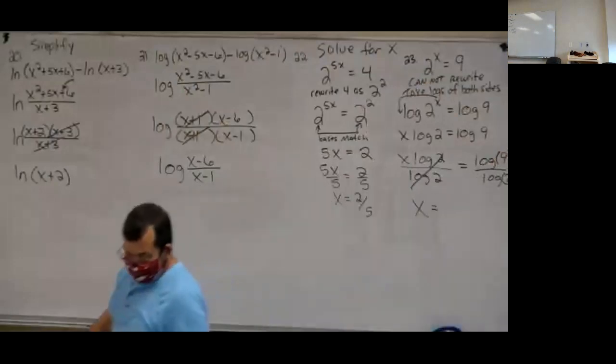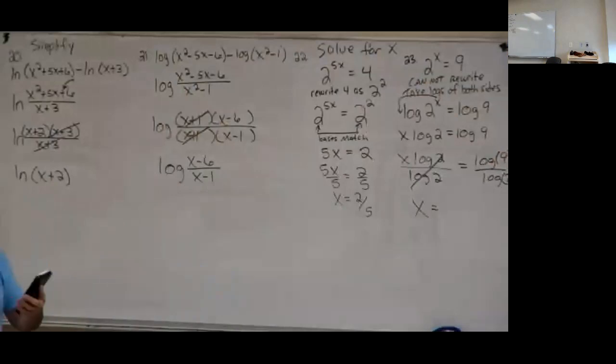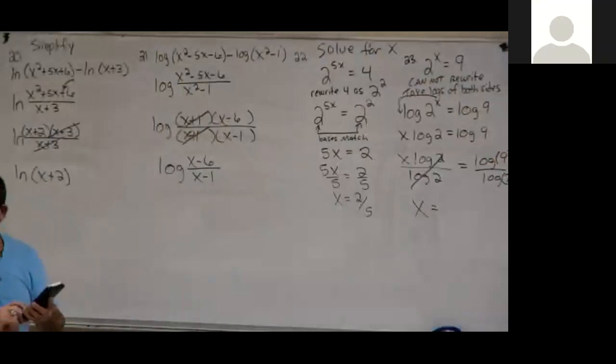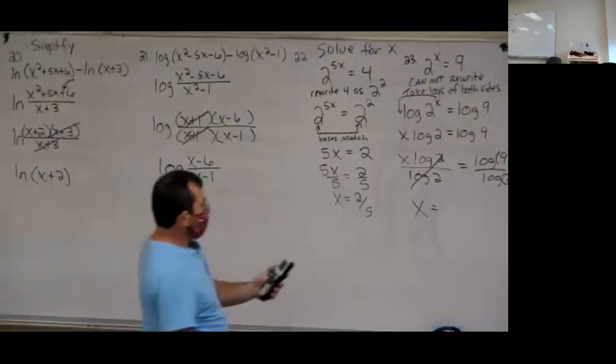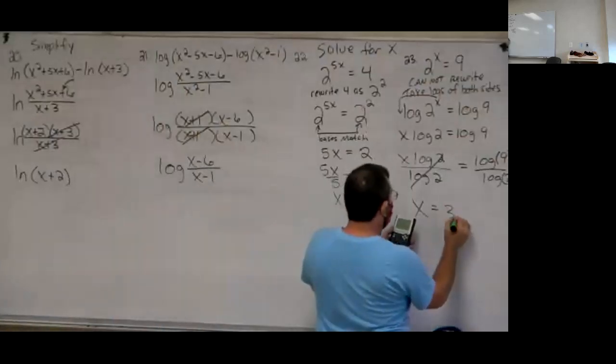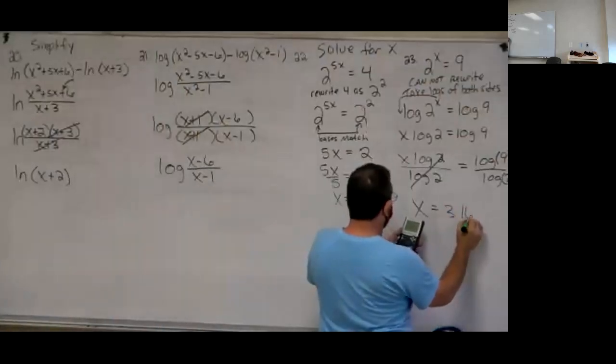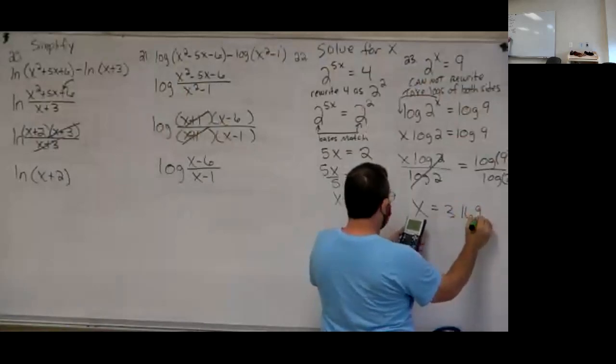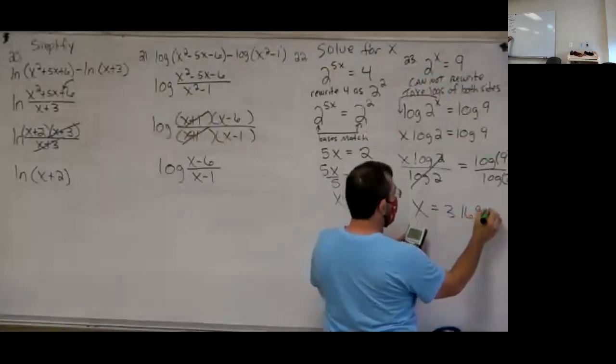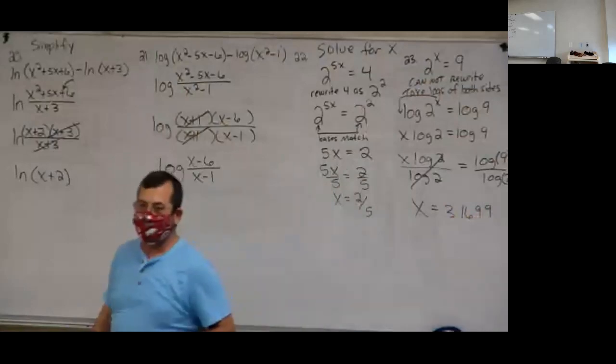Okay. So what is the log of 9? So let's see if y'all do that right. Log of 9, close parenthesis, divided by log of 2, close parenthesis. So if y'all did that right, y'all should get a 3.169, and then it's going to stay at 9 because I got a 2 after that.